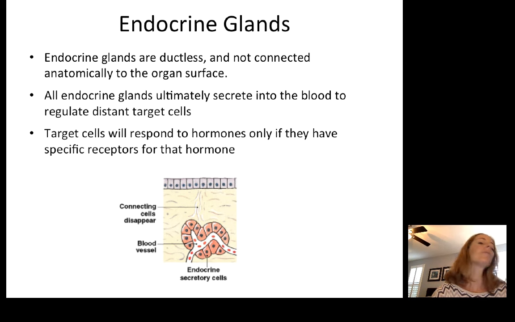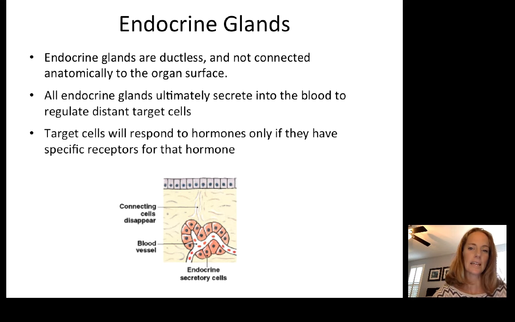So endocrine glands are different from exocrine glands. We learned about, for example, sweat glands and oil glands, your sebaceous and sudoriferous glands that are located in the skin. Those glands also secrete chemicals, but they will secrete chemicals to outer surfaces or to outer body regions.